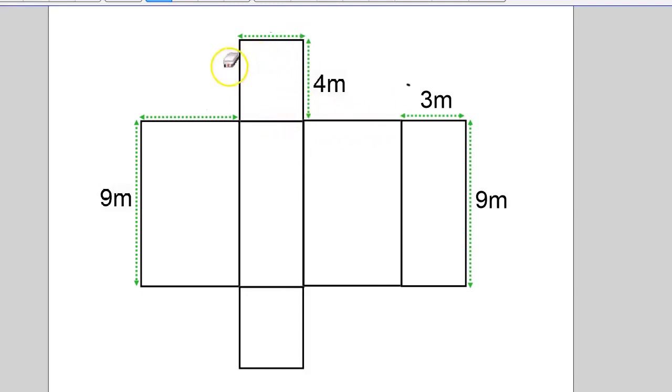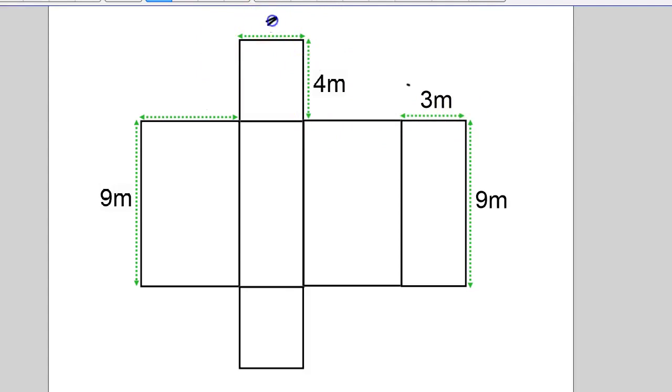When this is all folded together to make a 3-dimensional shape, these 2 sides close on each other, and this one will curve around onto the top of there. So that means that if this is 3 meters, that will butt up against this, and that has to be 3 meters as well.